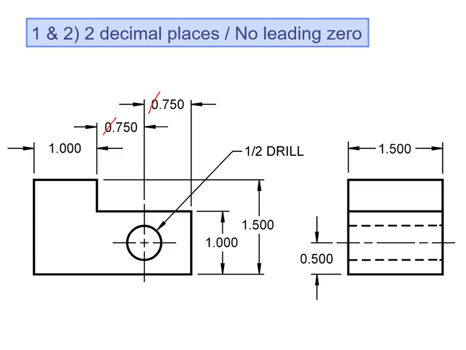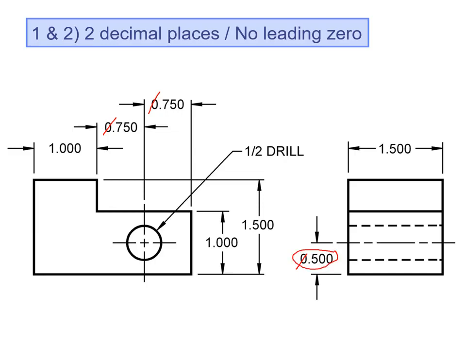Here we have another one over here on the side view. So when you're dealing with inches, you do not put a 0 in front of the decimal point. If this was millimeters, you would place a 0 in front of the decimal point. So that's one way to distinguish millimeters from inches. If you see a 0 in front of a decimal point for a number smaller than 1, then you know it's millimeters.